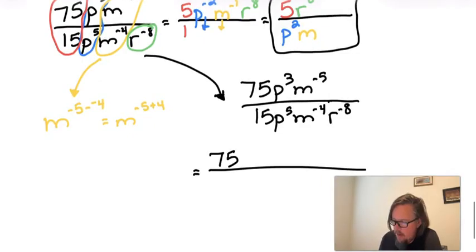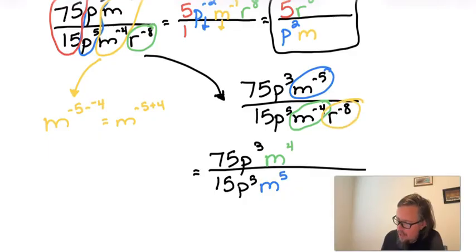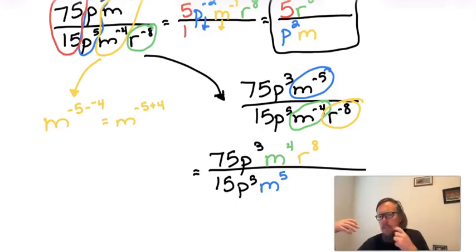So leave the 75 over 15, or reduce, leave the p's, and then move this m to the -5th down, so m to the +5th. Move this m to the -4th up, make it m to the +4th, and then move the r to the 8th up, r to the +8th, and then after you have all positive exponents, then start subtracting.